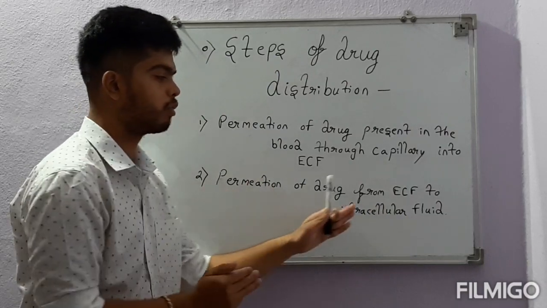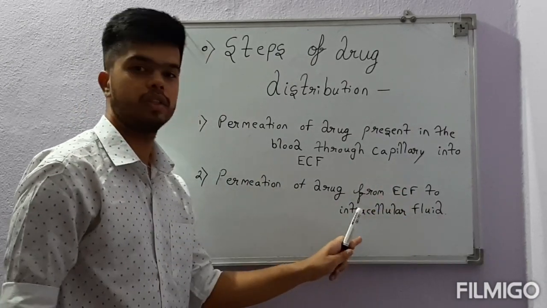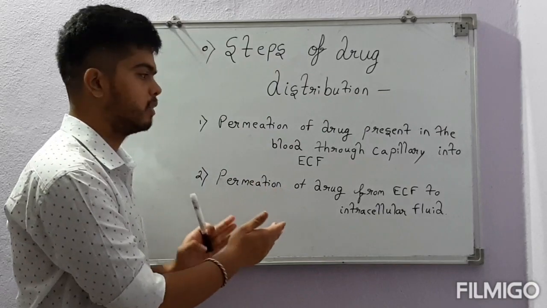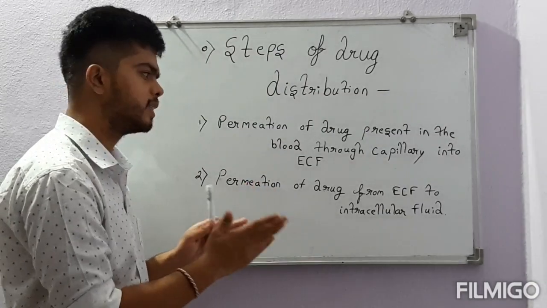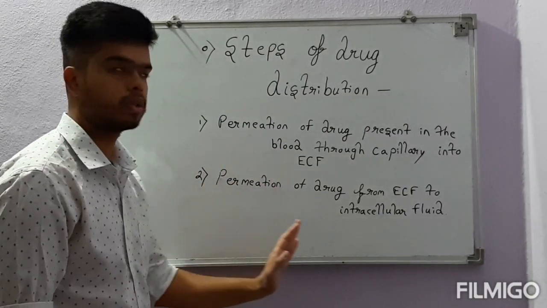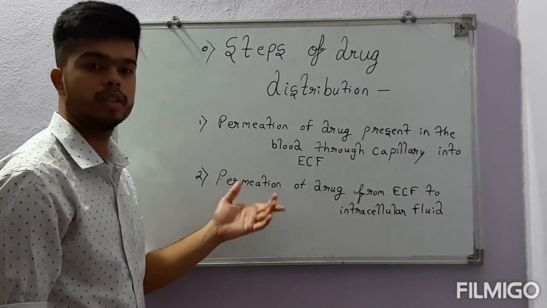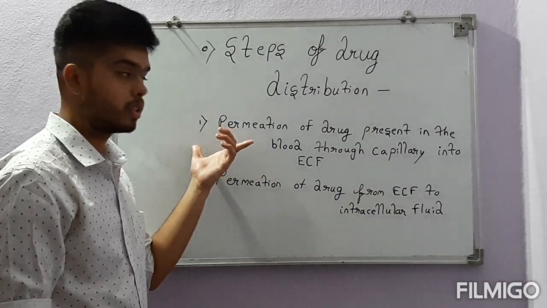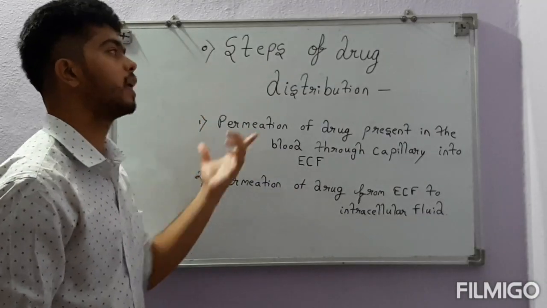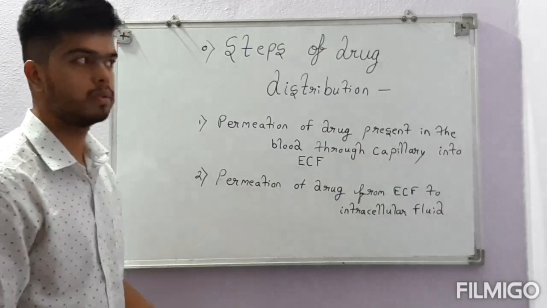Permeation from ECF to intracellular fluid and vice versa goes on simultaneously, continuing in a decreasing manner. It's a passive process, and it happens against a concentration gradient. So these are the steps involved in drug distribution.